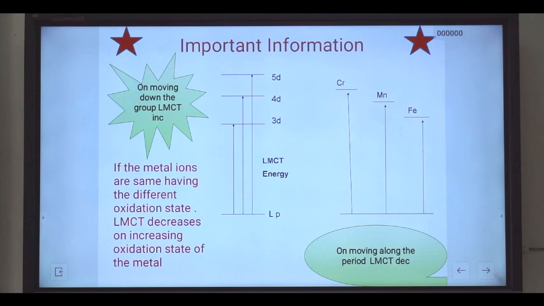First of all, LMCT increases. Like here, the ligand is at the lower energy level, and the metal orbitals are 3d, 4d and 5d. Suppose I am considering the chromium family, that is chromium, molybdenum and tungsten. Chromium is under the 3d orbital, molybdenum under the 4d orbital and tungsten under the 5d orbital.